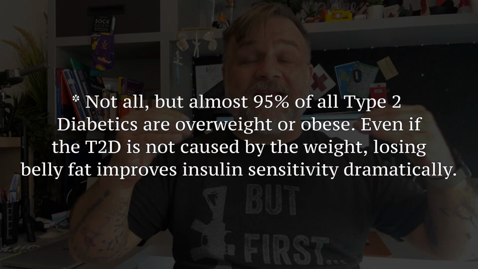So, type 1, the body destroys the cells that produce insulin. Type 2, the cells in the body do not listen to insulin anymore, even though the cells that produce it are still intact. Now, I should mention that in type 2 diabetes, there is an end state. It goes downhill. If you don't do anything about it, if you don't start losing weight, eating healthier, getting that overall blood glucose level down, your pancreas never stops secreting insulin, because the pancreas senses high blood glucose levels all the time and secretes insulin.